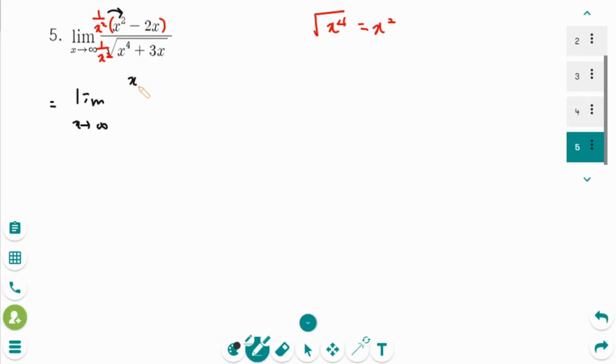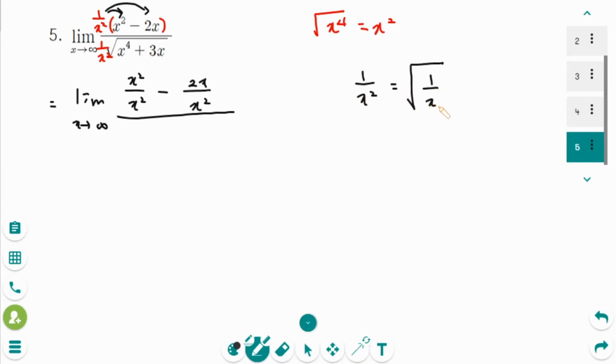So this one is x squared over x squared minus 2x over x squared, and that one, 1 over x squared, is the same as square root of 1 over x squared, squared. And then this is 1 over x to the power of 4, like this. So I will use this one instead of here.